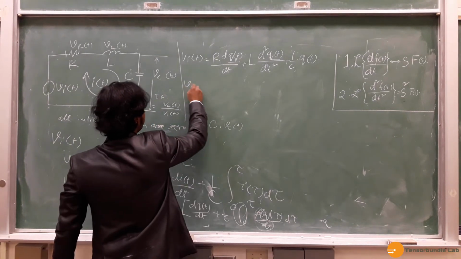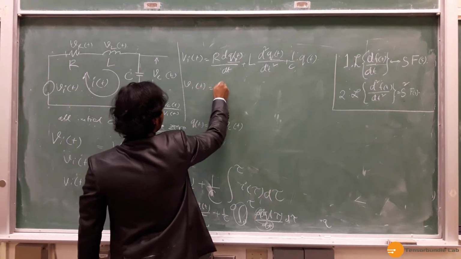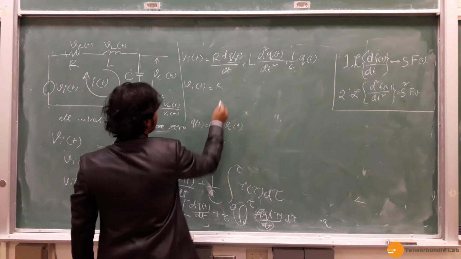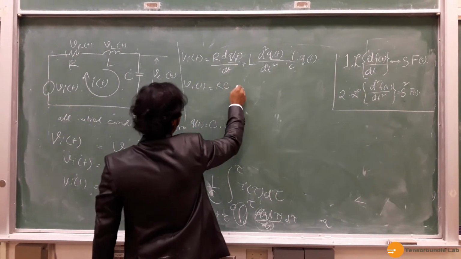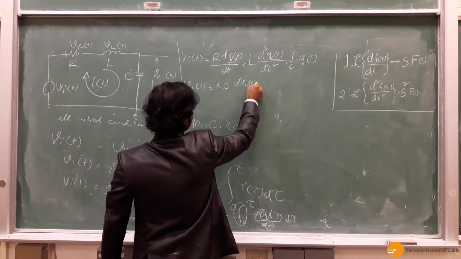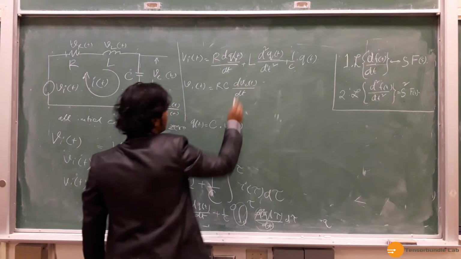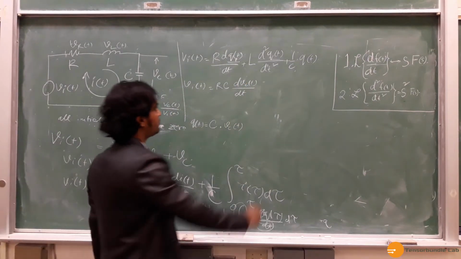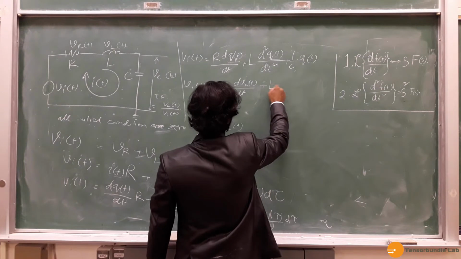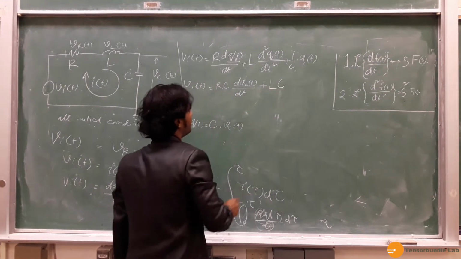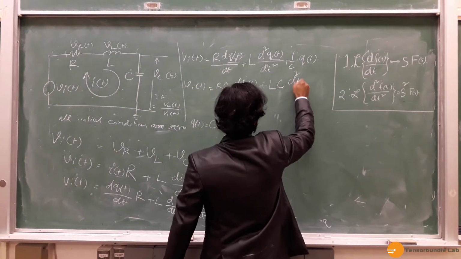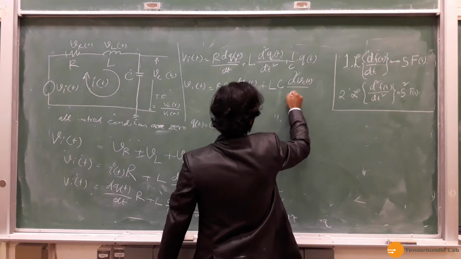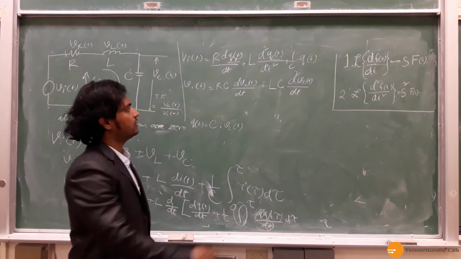So let's do that. V of i t equals R C times the differentiation of the voltage across the capacitor, plus inductance L multiplied by C times d squared V of c of t over dt squared, plus 1 over C times Q of t.